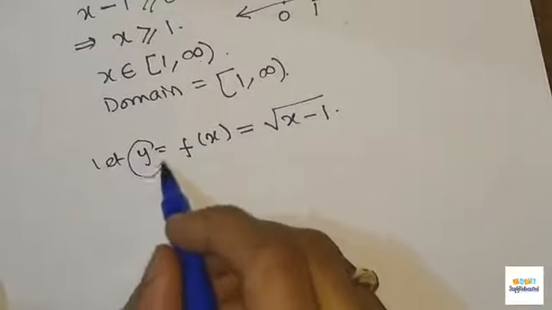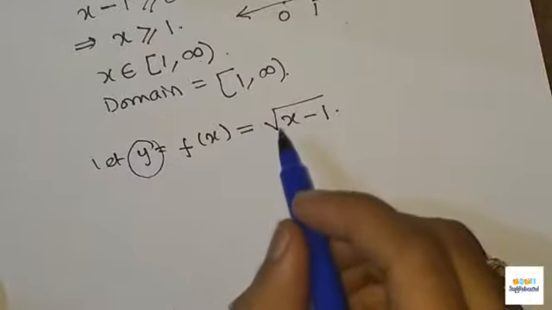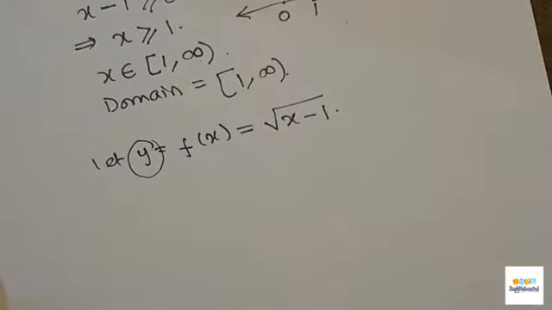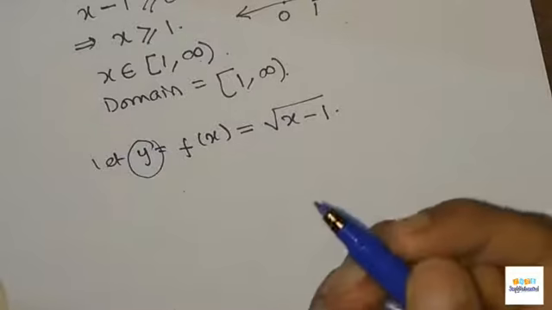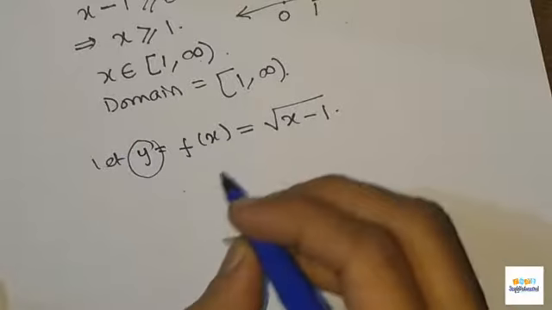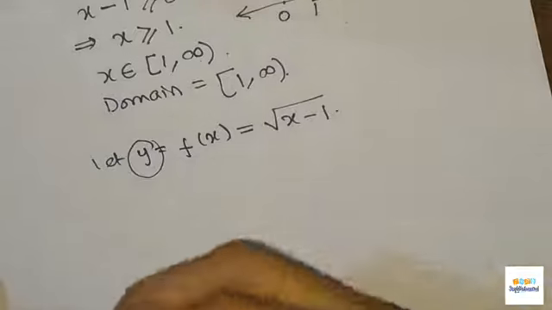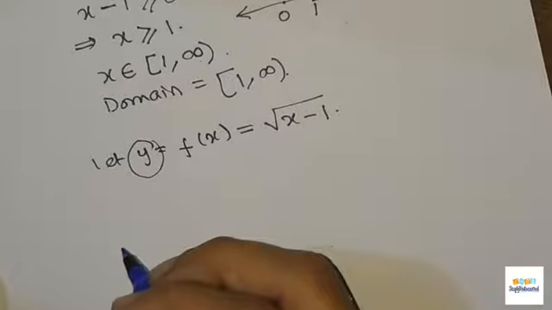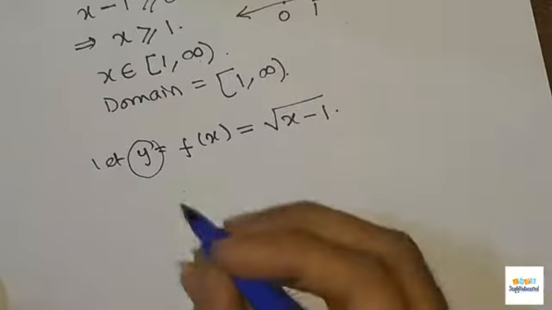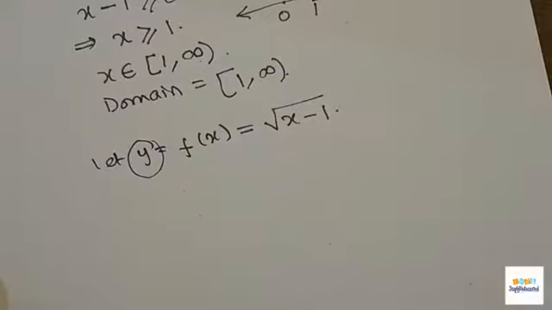Range means all the values y which is equal to root of x minus 1. So you have to put y equal to root of x minus 1, and we have to check where the value y lies.